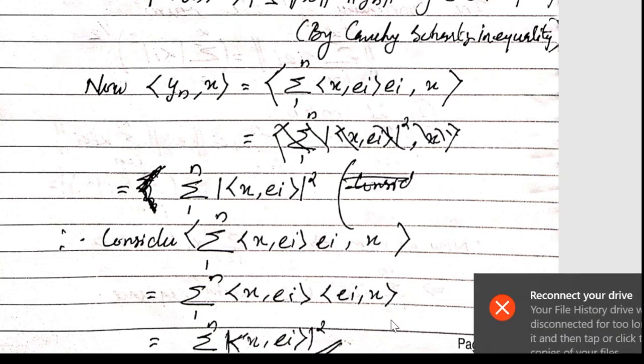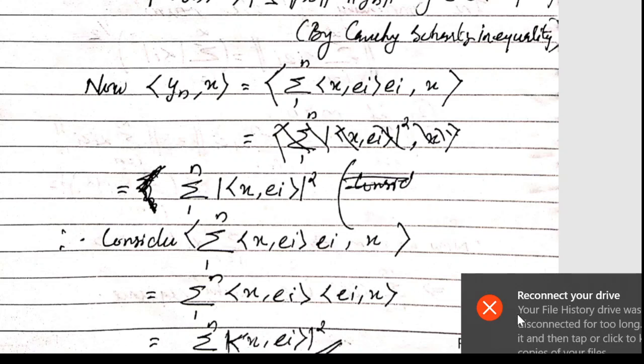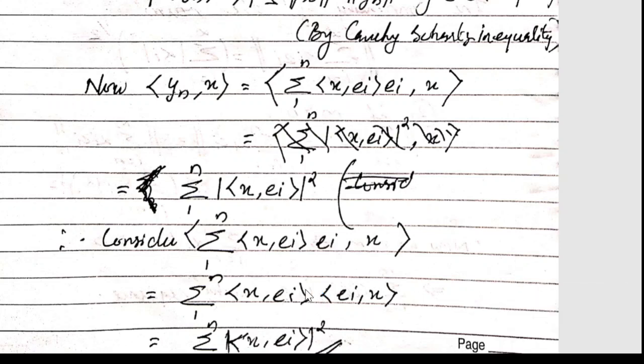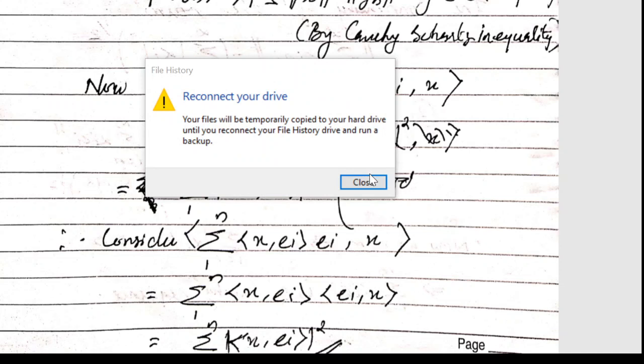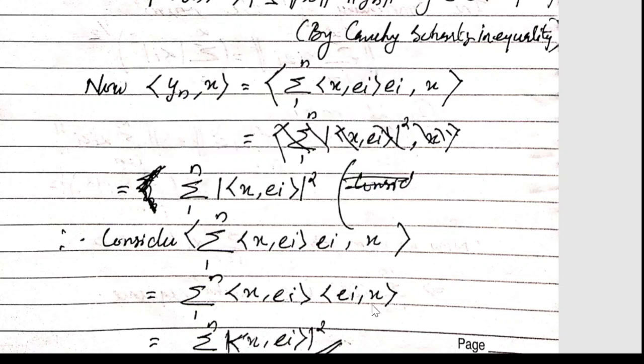In your result it is given as alpha, and this is given as some vector. Then we have the summation equal to the modulus of alpha, squared. That was the result.